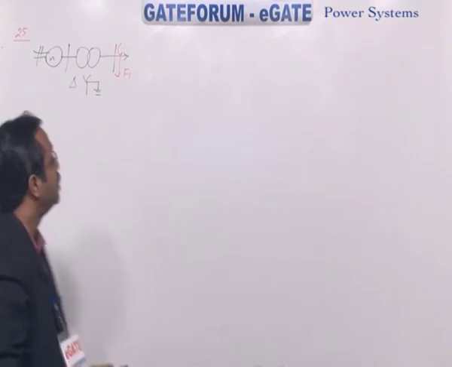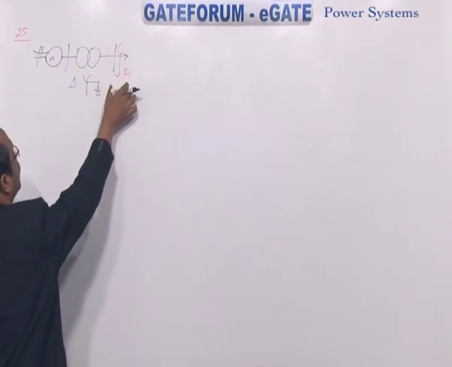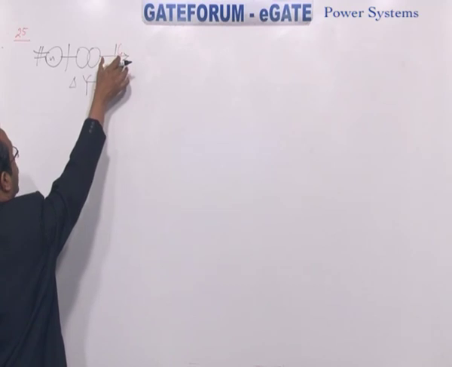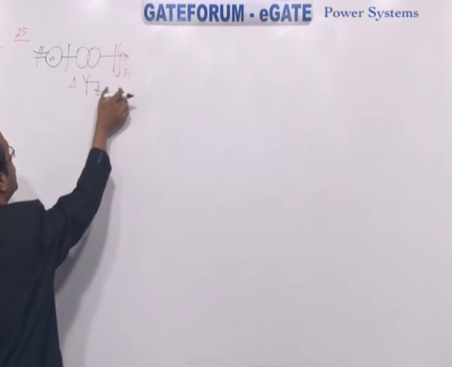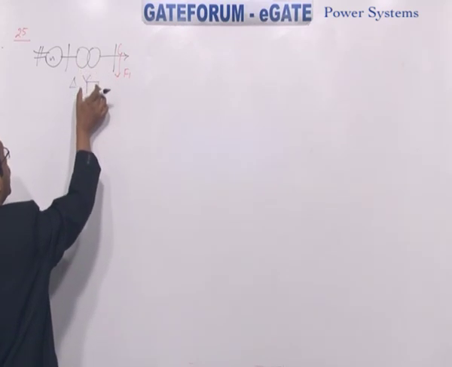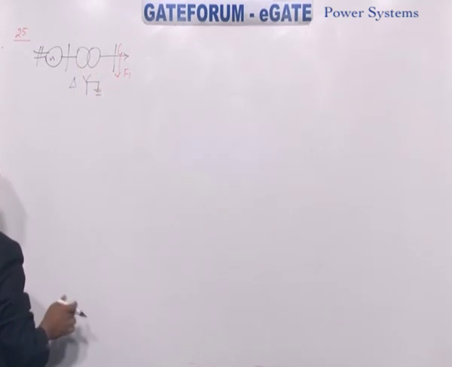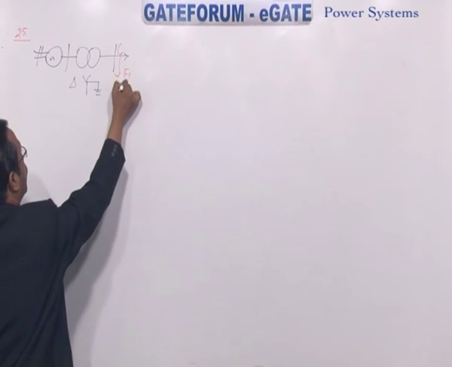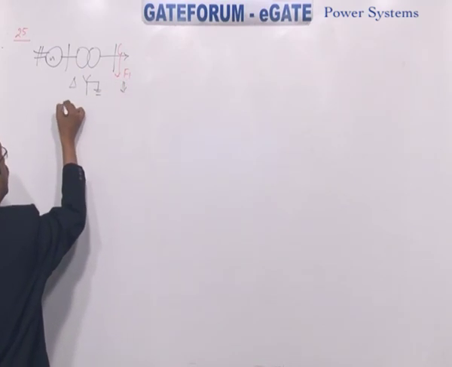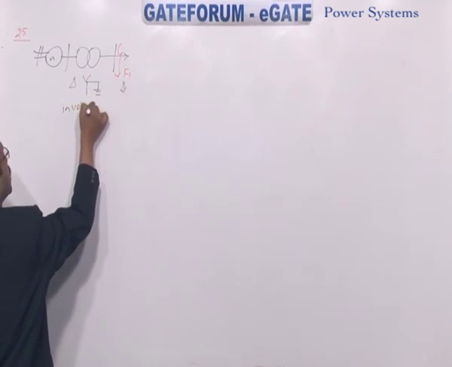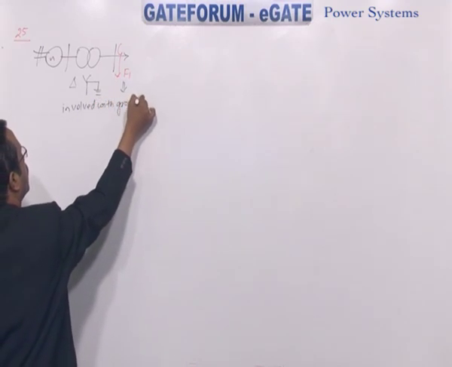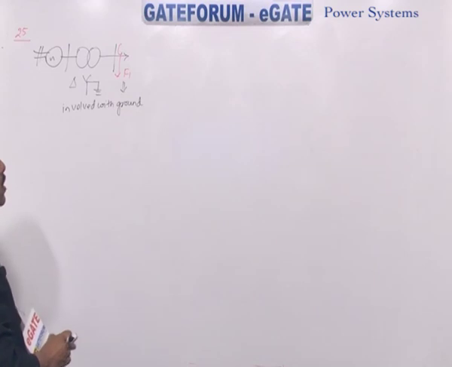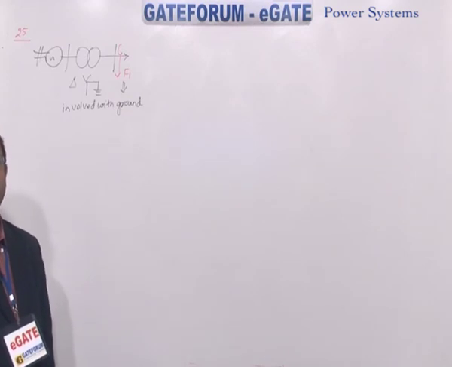Observe here, this fault is on the transmission line side of the transformer, and the secondary side of the transformer is connected in solid neutral. So whatever the fault F1 is, this fault must be involved with ground.